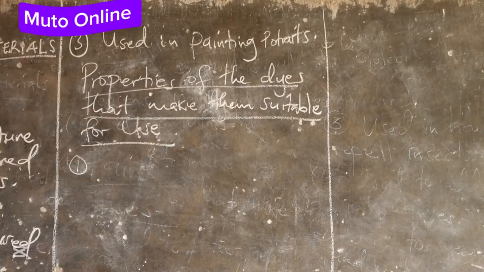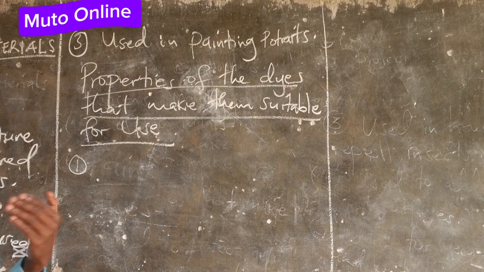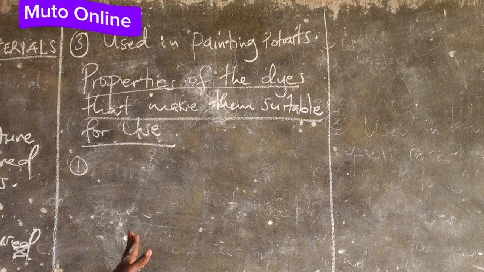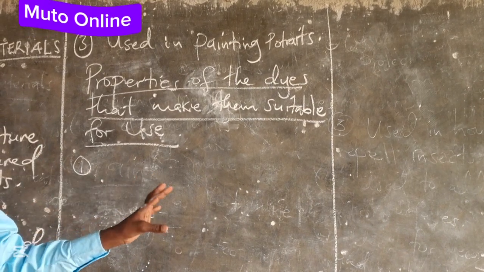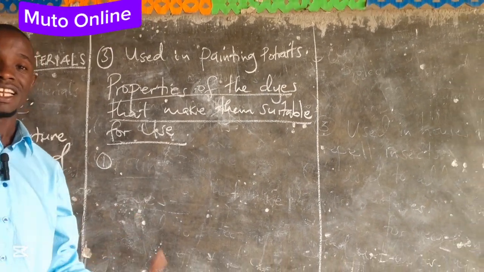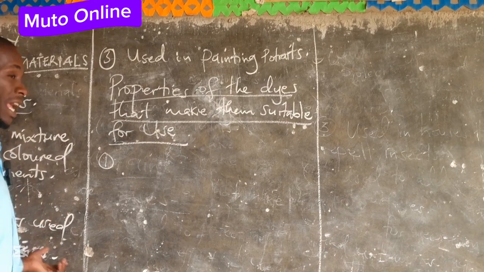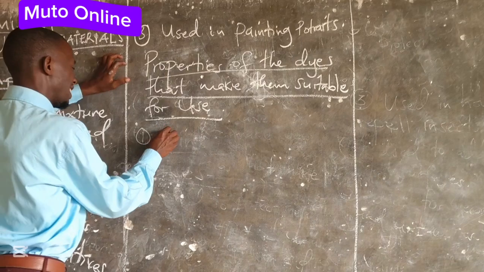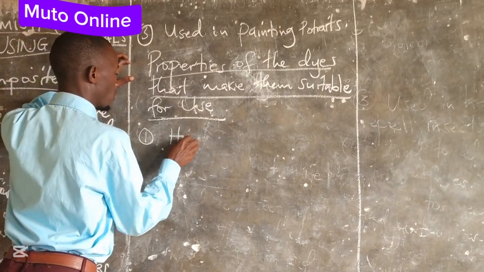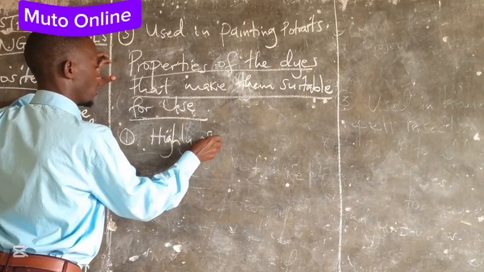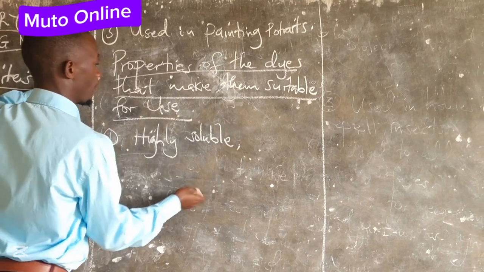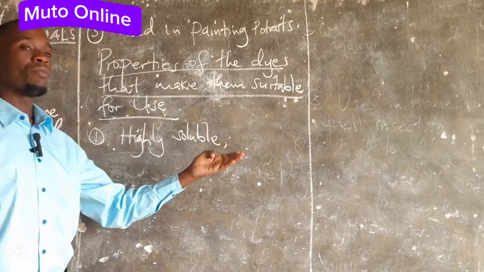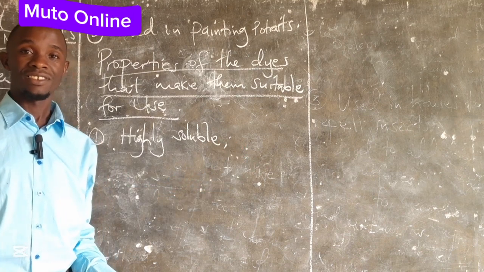One, we are looking at dyes as composites. They are commonly used in daily life. We use them knowing, and sometimes we use them not knowing that they are dyes. The ink in the pen is an extract of a dye. So the dyes are highly soluble. Being highly soluble, it means these dyes can even be used in solutions.